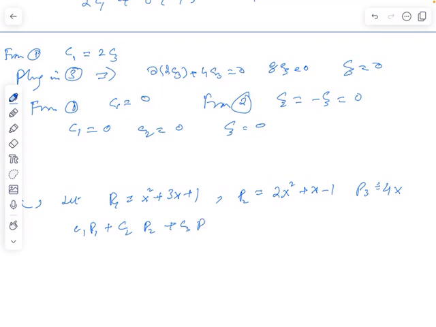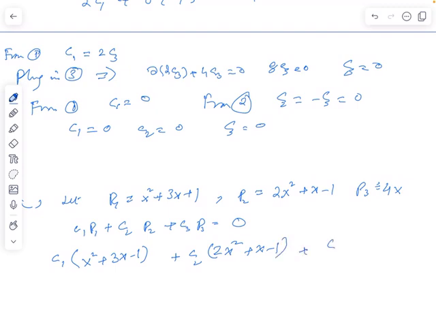So now plug in the polynomials. So we get C1 times x squared plus 3x minus 1 plus C2 times 2x squared plus x minus 1, and then plus C3 into 4x.